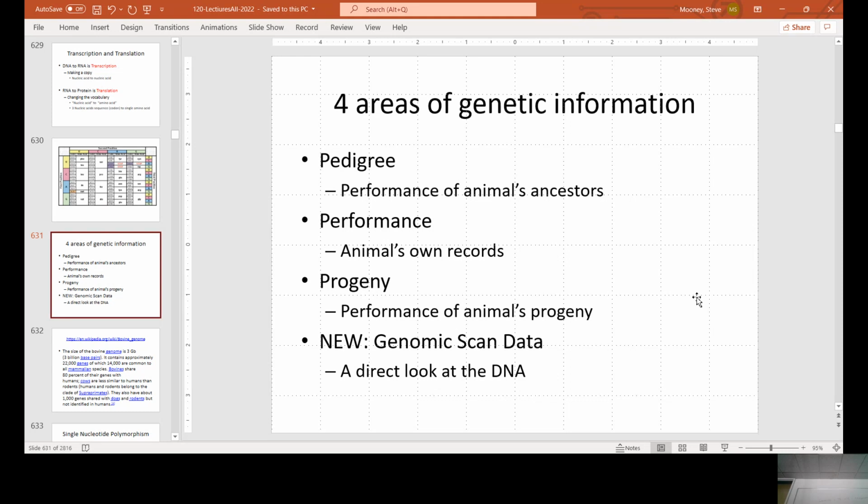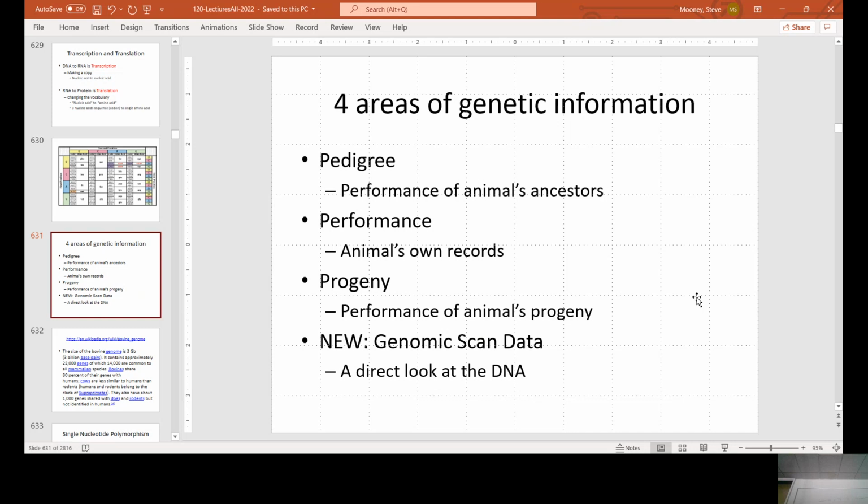Something in its pattern of life happens to the animal and it sticks with that animal and influences the performance of that animal. Temporary environmental effects might be the weather today or the feed they get this week versus next week. That'll influence how she expresses or how she performs, our phenotype.